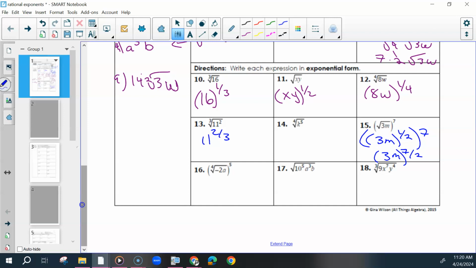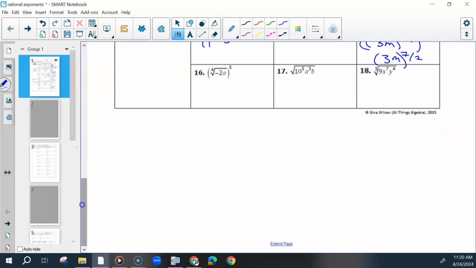Let's do 17. Okay, write this in exponential form. What is our index out here? 2.